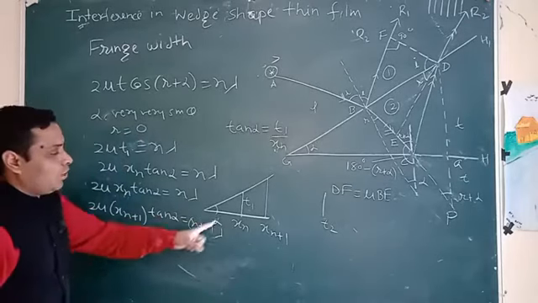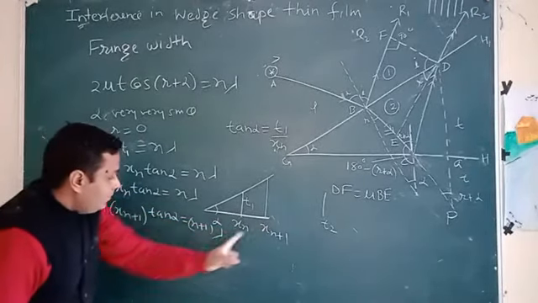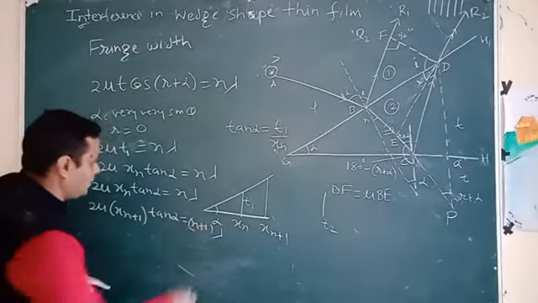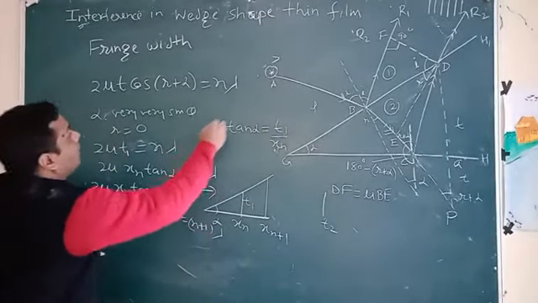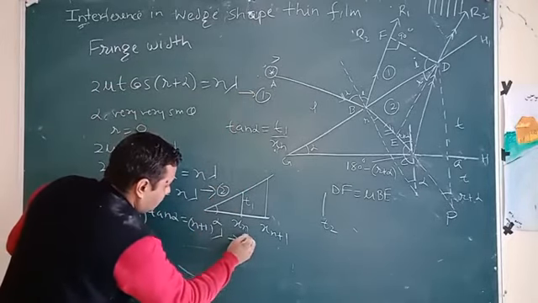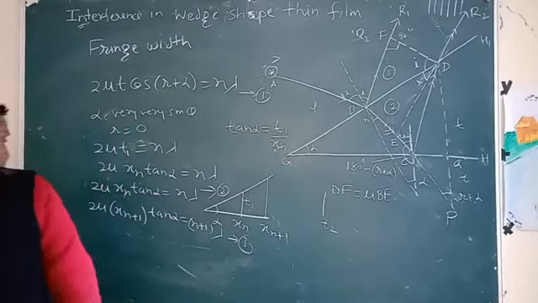That is the condition of consecutive dark fringes. This is equation 1, this is equation 2, and this is equation 3.